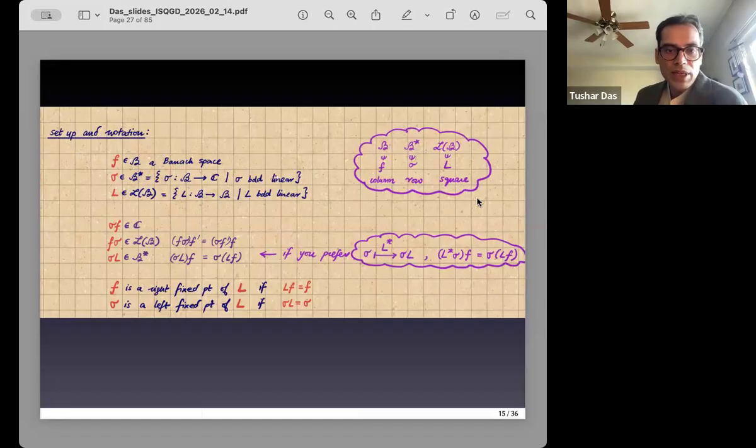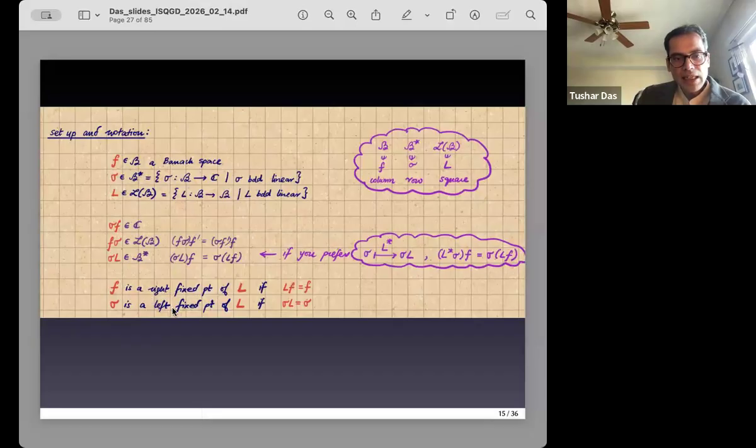Beyond that, you won't need anything else to understand the result that I will present on the next slide. And so here's some notation. If I take an element of the dual and apply it to a vector, then I, of course, get a scalar. So sigma f would be a complex number, whereas f sigma would be a linear operator, and sigma L would be an element of the dual.